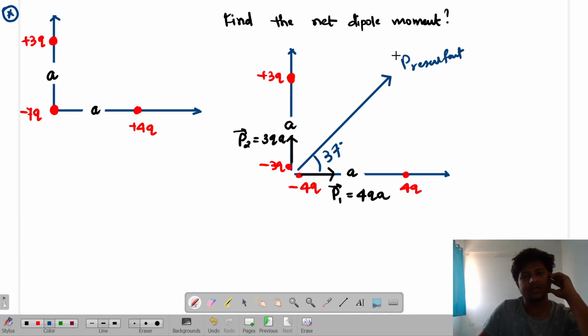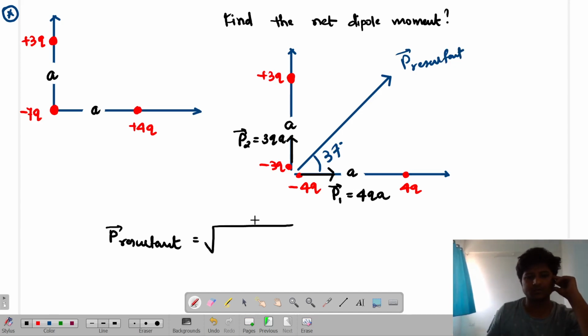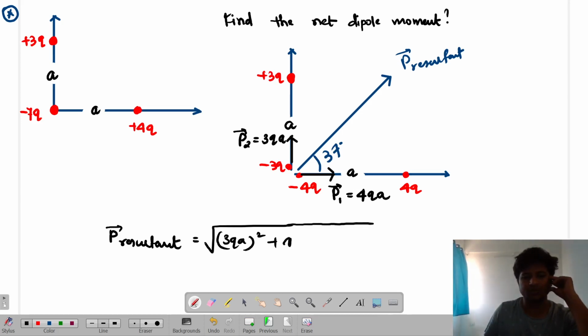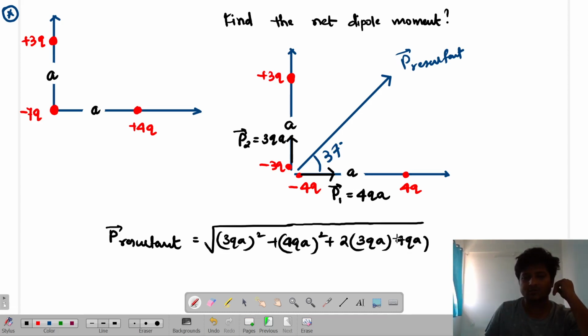So P resultant is how much? Simple. Root under (3qa) squared plus (4qa) squared plus twice 3qa times 4qa, got it, into cos 37.